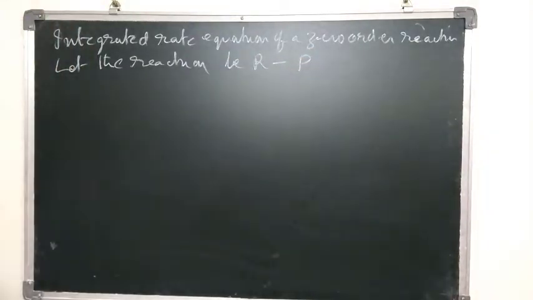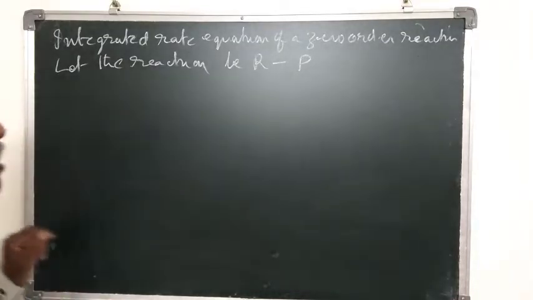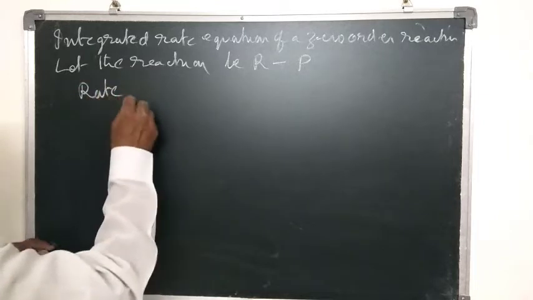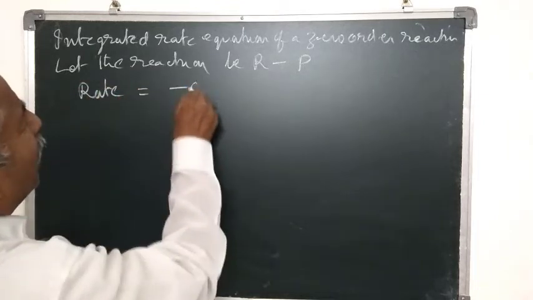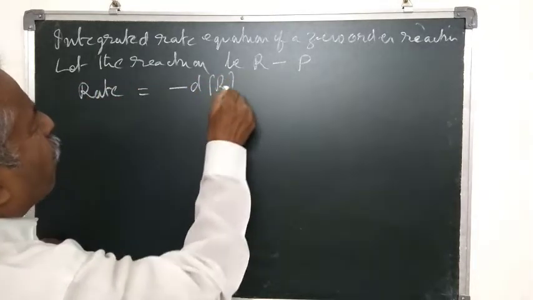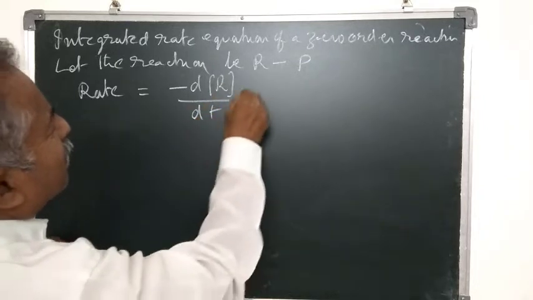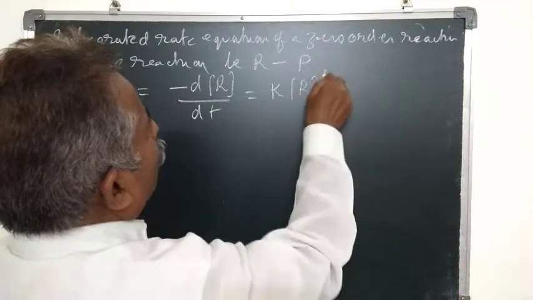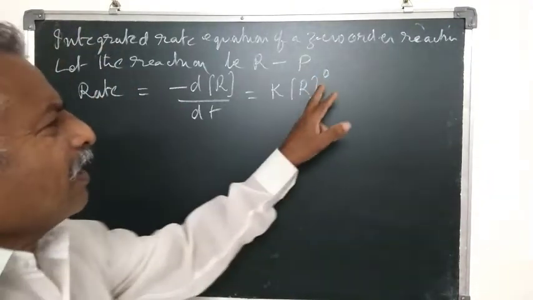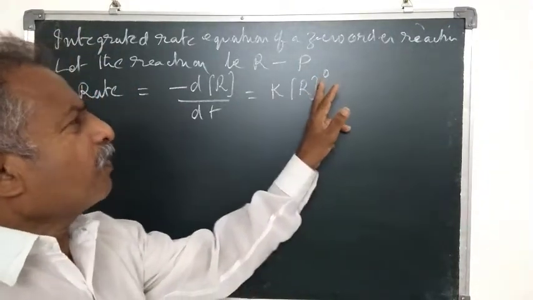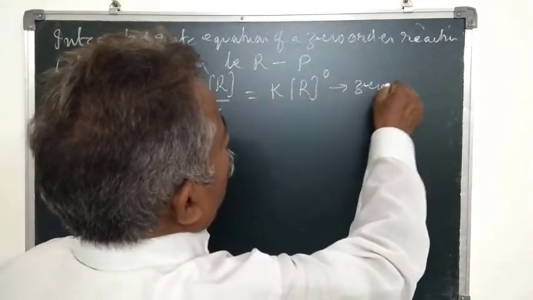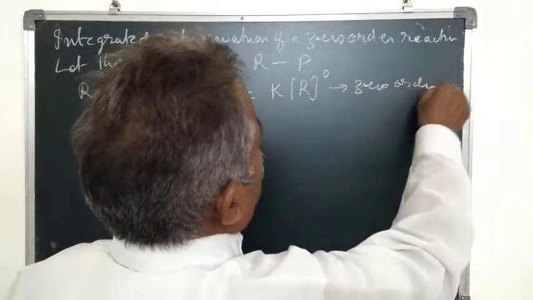This is the zero order reaction. Now, what is the rate? Rate equal to minus dR by dt is equal to k into R to the power 0. Here R to the power 0, the 0 represents a zero order reaction.